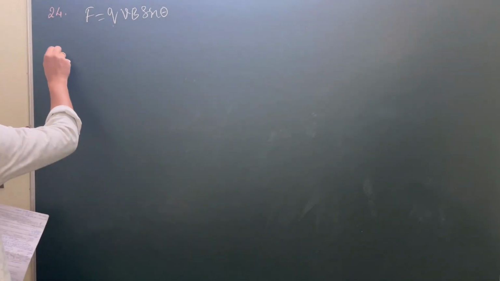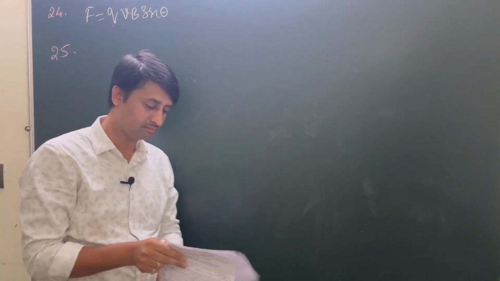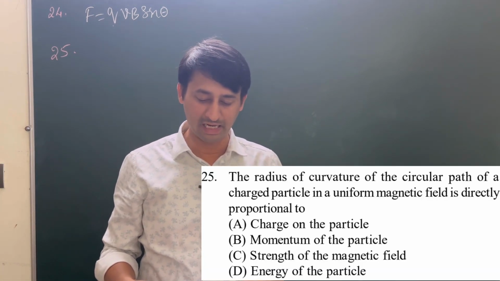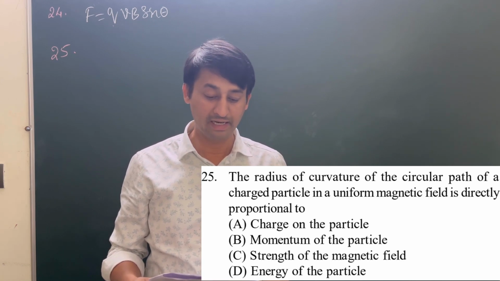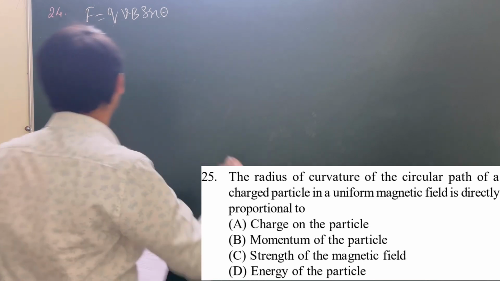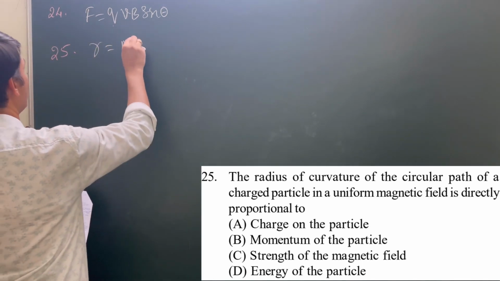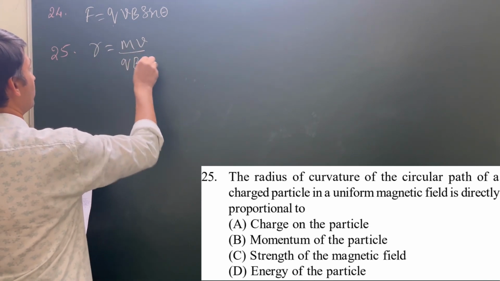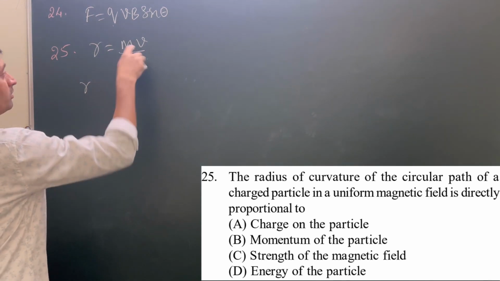Next, question number 25. Question number 25 says, the radius of curvature of circular path of a charged particle in a uniform magnetic field is directly proportional to what? The radius of the circular path of the charged particle is given by R is equal to mv divided by q into B. Here the radius of the circular path is directly proportional to m into v.